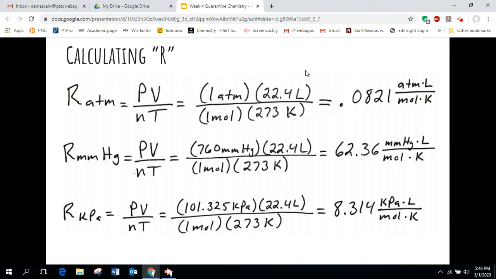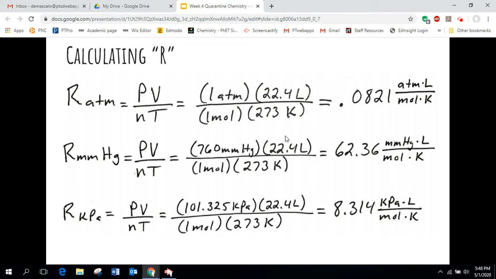The interesting thing is ATM, mole, liter, and Kelvin, they don't cancel out. So we have to keep all of those units. So we end up with this pretty large derived unit cluster over here. Standard conditions with pressure in atmospheres is 0.0821 ATM liters over mole K.